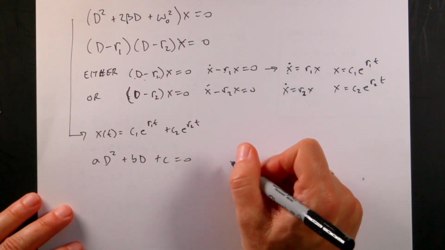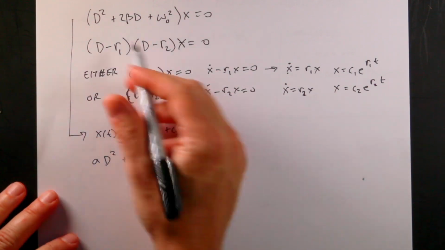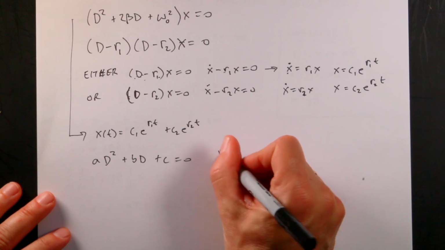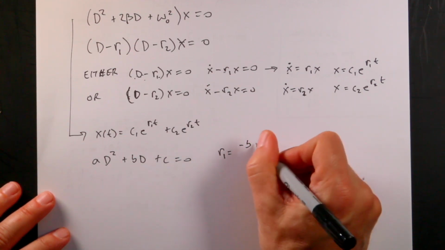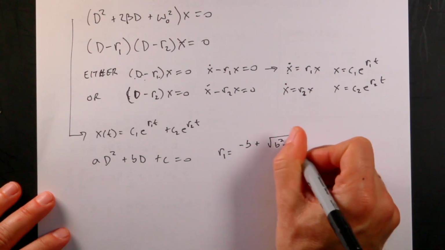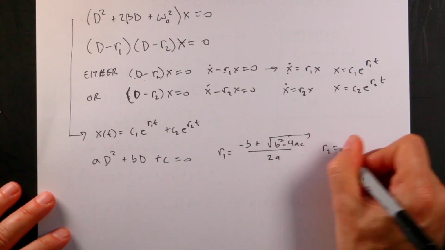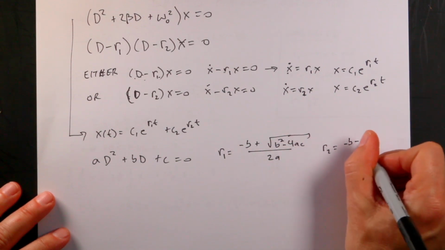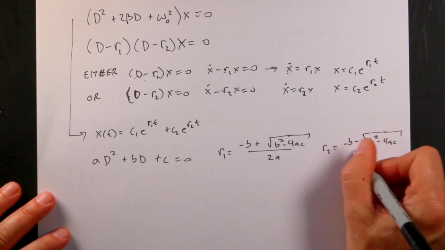Then the factors r1 and r2: r1 is going to be equal to negative b plus the square root of b squared minus 4ac over 2a. That's the quadratic equation. r2 is negative b minus the square root of b squared minus 4ac over 2a.